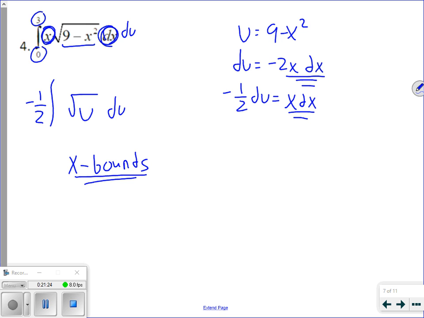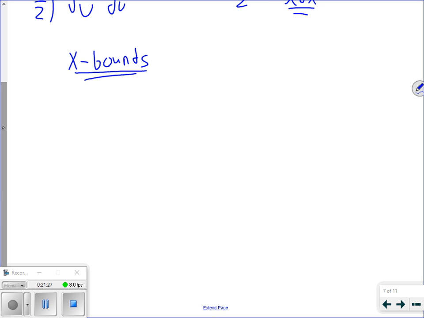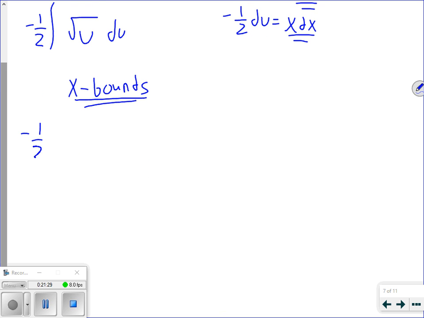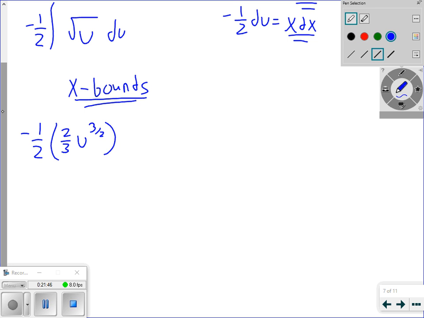Let's go ahead and integrate this. So to integrate this, it's negative 1/2. The integral of u to the 1/2 is 2/3 u to the 3/2 power. And it's not plus c because we're going to be plugging in some numbers.